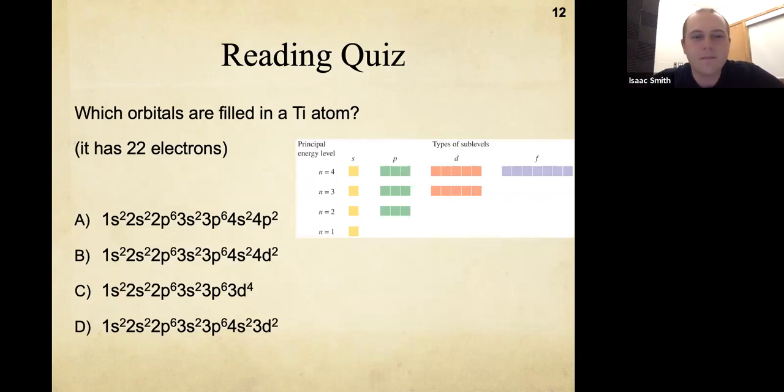Okay. So the question is asking which orbitals are filled in a titanium atom. So a titanium atom has 22 electrons. So when we fill energy levels, we're going to be starting from this first energy level, right? We always start from the first, and then we work our way up through the energy levels.